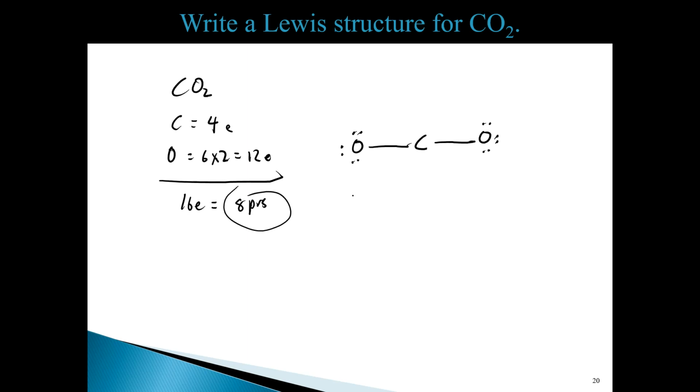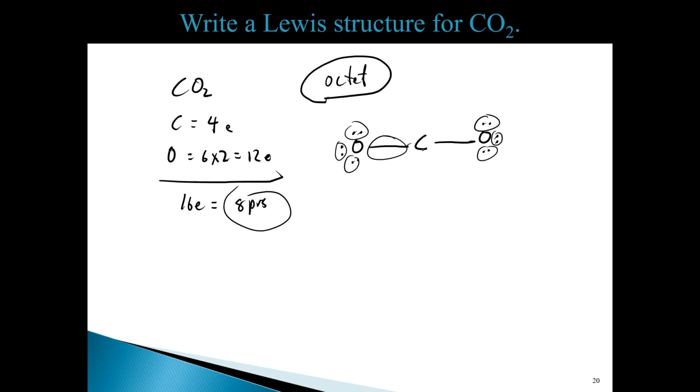Now, one would not stop here as a final answer. And the reason why is because of something we said before about the octet rule, right? Remember we said that these structures will try to get an arrangement where each atom ends up with 8 electrons on its outer shell. Now, this oxygen here has 8 electrons. You have 2, 4, 6, and then this pair here. The same is true for this oxygen.